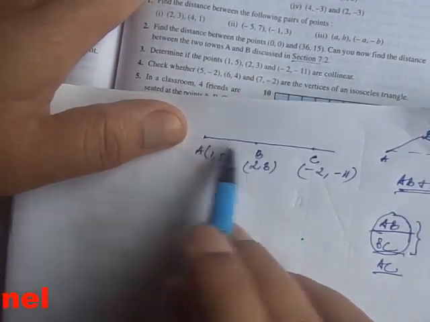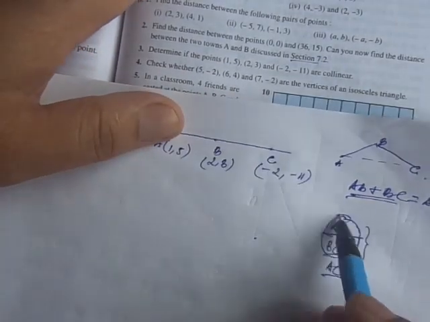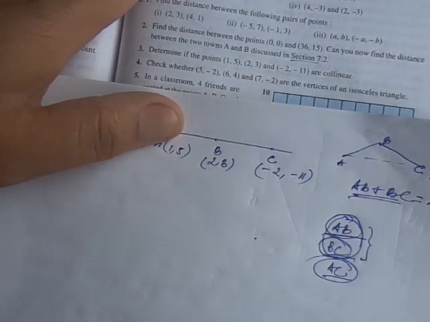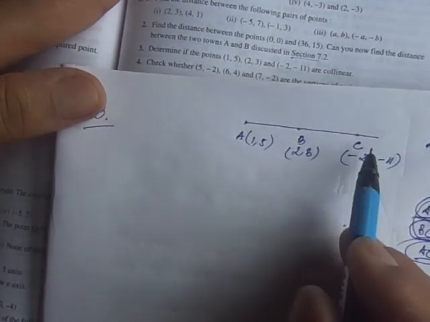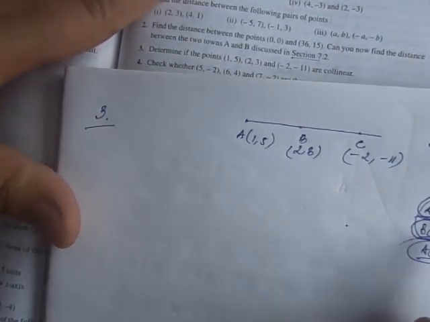A can be anywhere, A can be here also. So what we have to do is find these 3 distances. If the sum of any 2 is equal to the third, we can say they are collinear. If A, B, C are precisely like this, the sum of these 2 must be equal to AC. So we have to find these 3 distances.